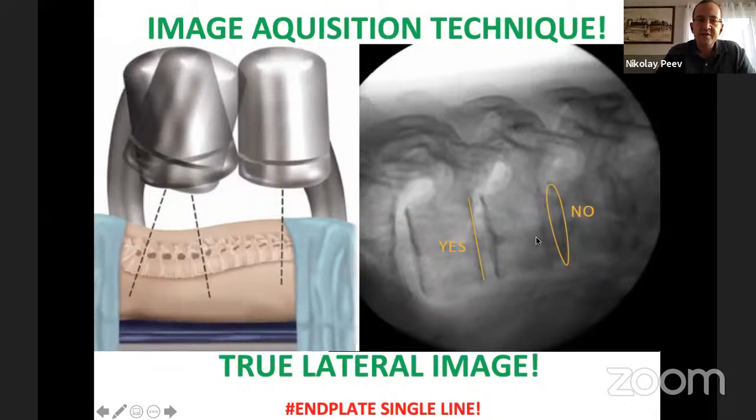As you have to have constant 3D orientation, you have to constantly switch between AP and lateral orientation of your image intensifier, and acquisition of good X-rays is of paramount importance for successful completion of your case and for avoiding complications.